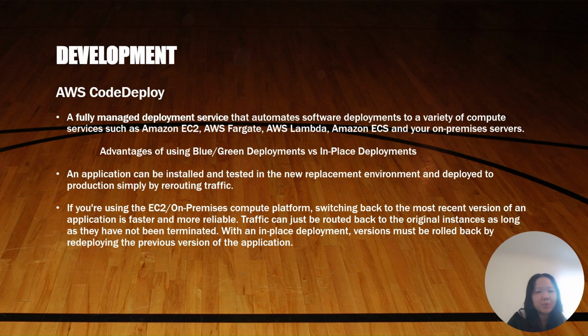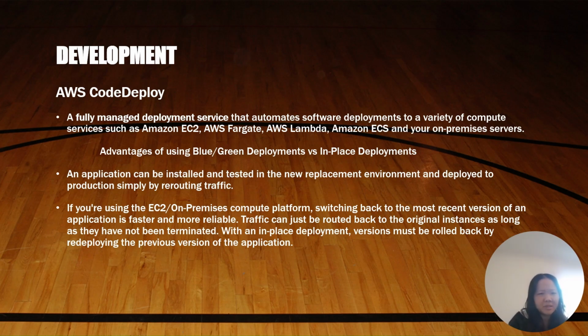The advantage of using blue/green deployment versus in-place deployment is that an application can be installed and tested in the new replacement environment and deployed to production simply by rerouting traffic.